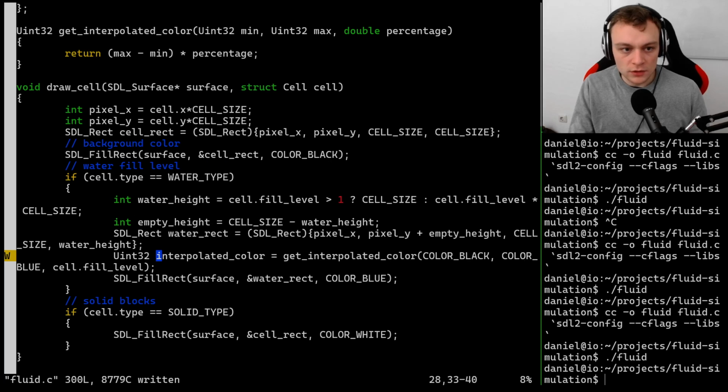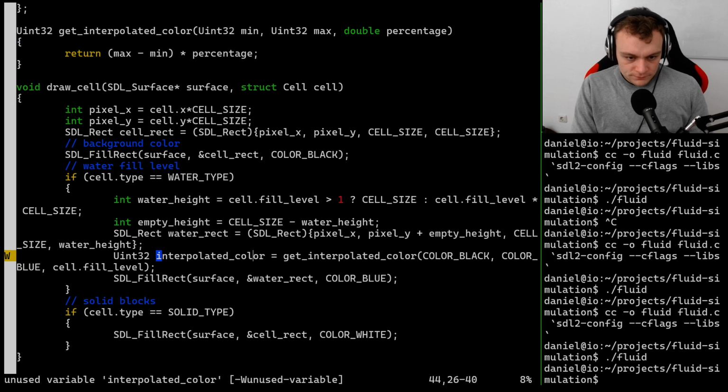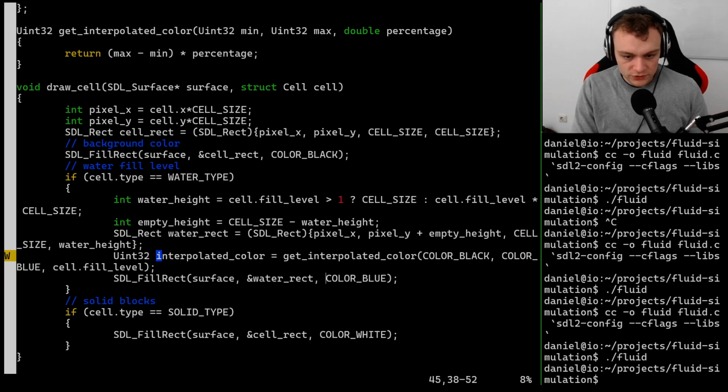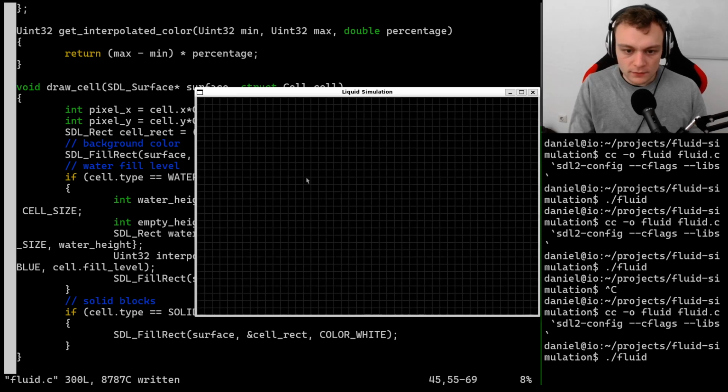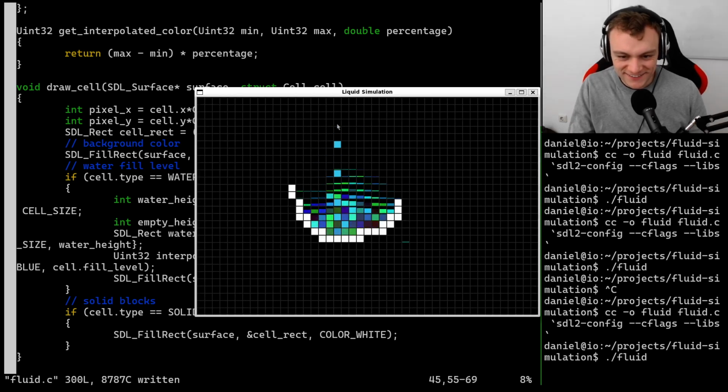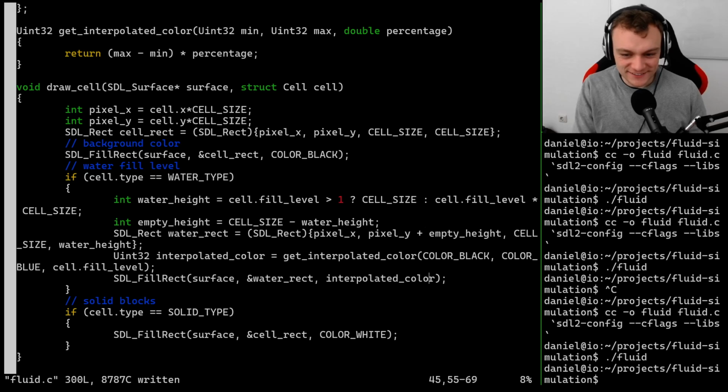No. Ah, yeah, we don't use the interpolated color yet. Yeah. Awesome.